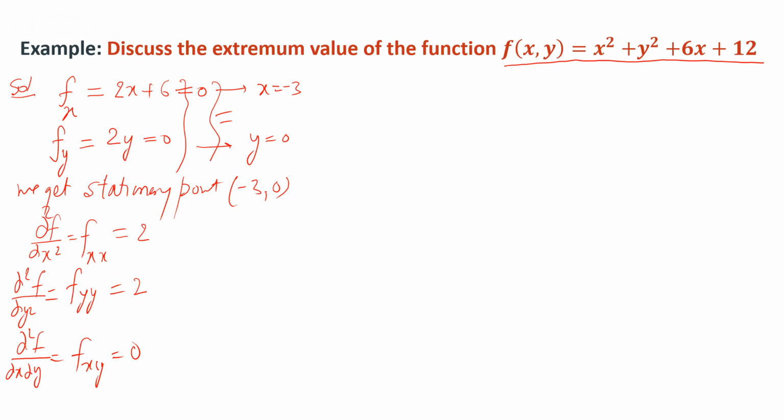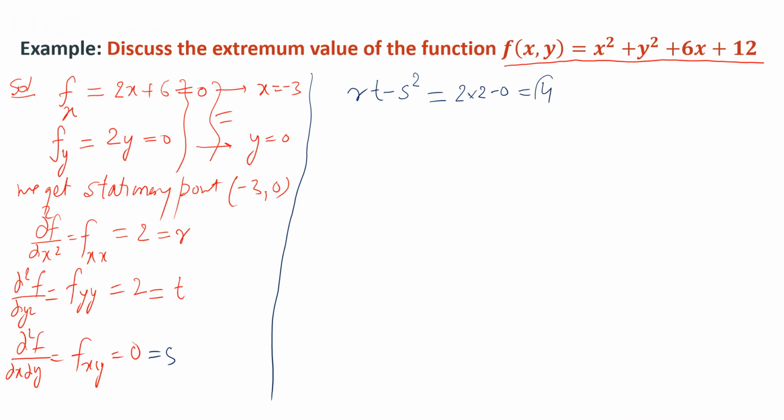This we call r, this t, and this s. Now evaluate rt minus s square: 2 into 2 minus 0, we obtain 4. Now we check the condition: rt minus s square is greater than 0.